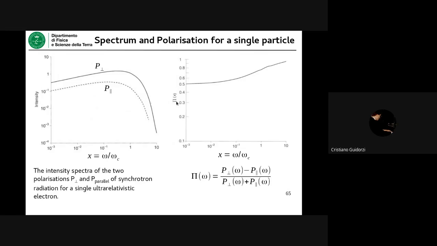You see that the polarization degree is relatively high, from 50% almost up to, depending on the frequency that you are looking at, very large, close to 1. And just by replacing, it is the ratio between the G function over the F function.